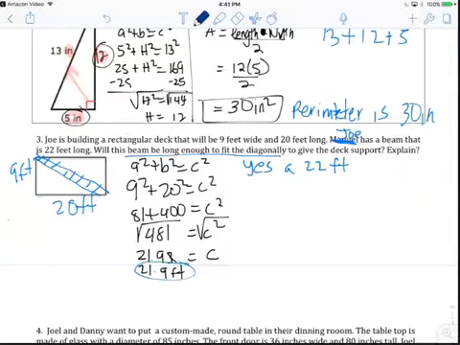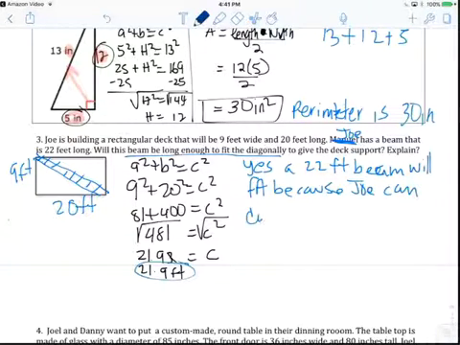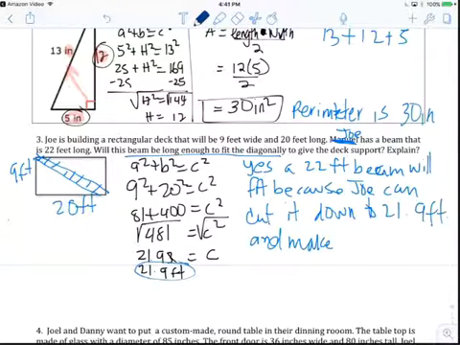The 22 feet beam will fit because Joe can cut it down to 21.9 feet and make it work. Okay?